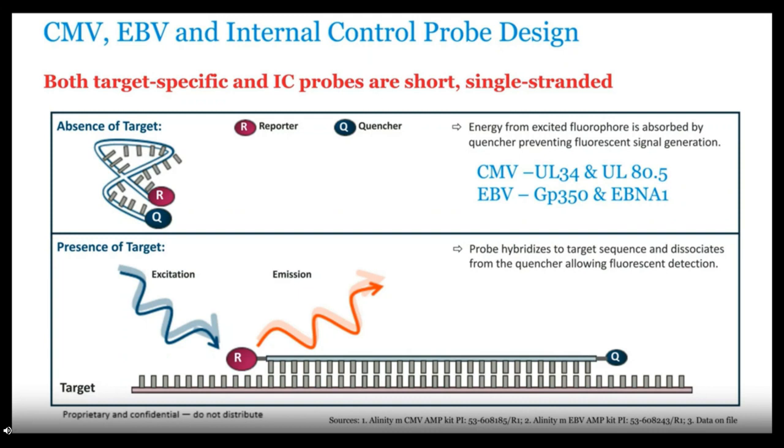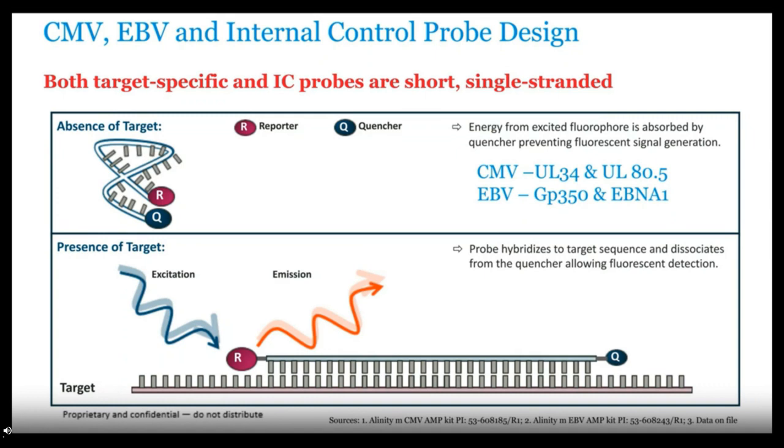And it's important to note that both assays are dual target designs. The gene regions targeted in CMV are UL34 and UL80.5, and in EBV, GP350 and EBNA1. This helps to prevent any genotype bias from being introduced into the assays.